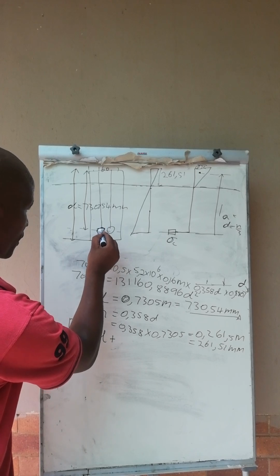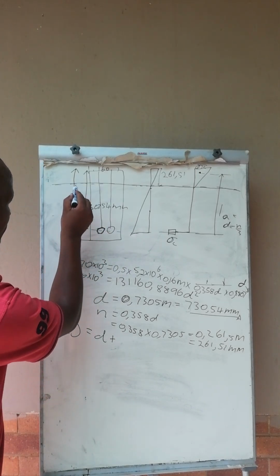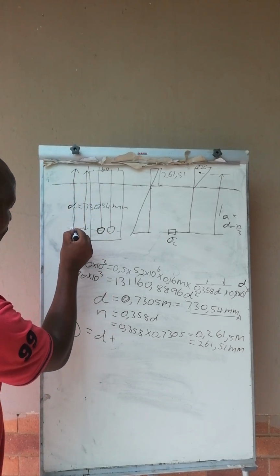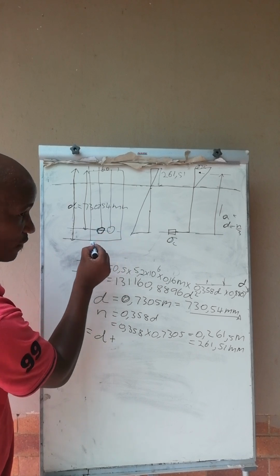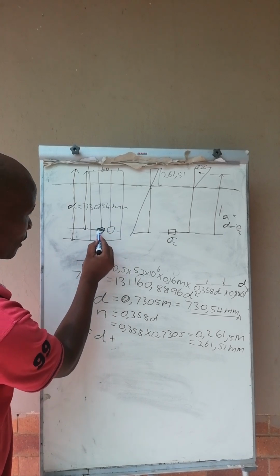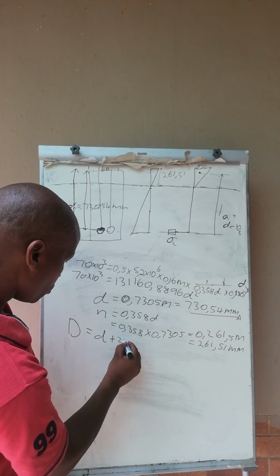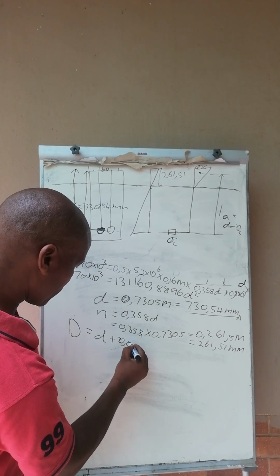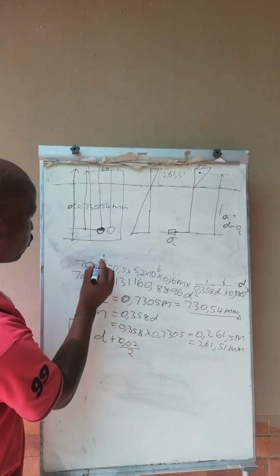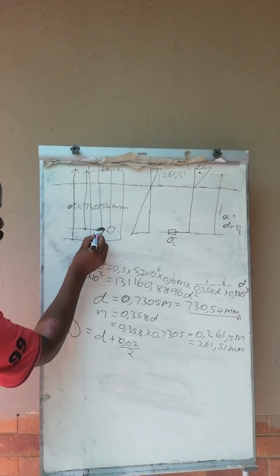This whole thing is given as 20 millimeters. But look, the concrete already covered half, so for this part it will be 0.02 divided by 2, the diameter divided by 2.